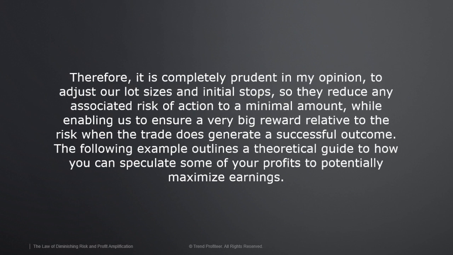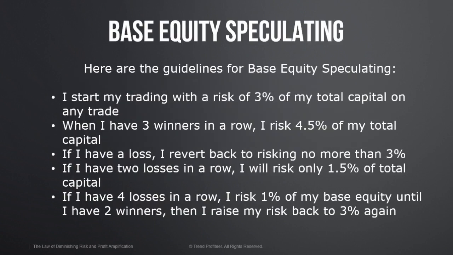The following example outlines a theoretical guide to how you can speculate some of your profits to potentially maximize earnings. So this is called base equity speculating. Here are the guidelines. It's just a simplistic scenario, but it would go something like this. I start my trading with a risk of 3% of my total capital on any trade.